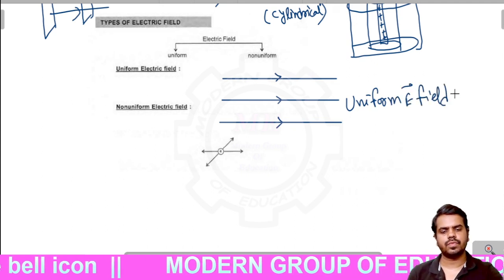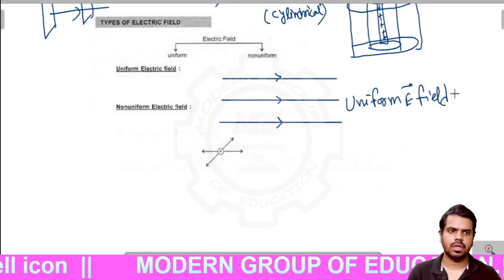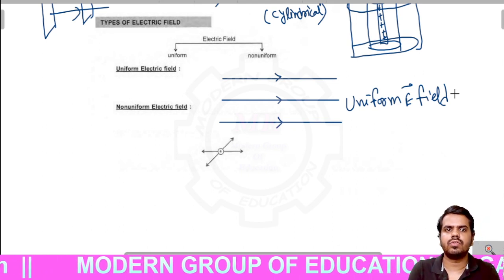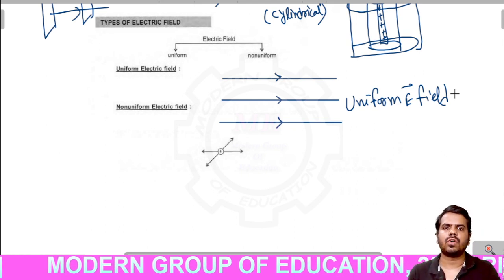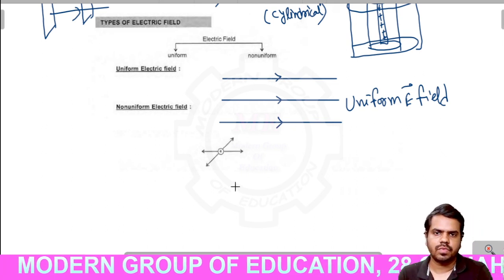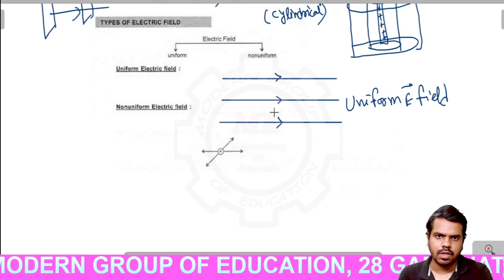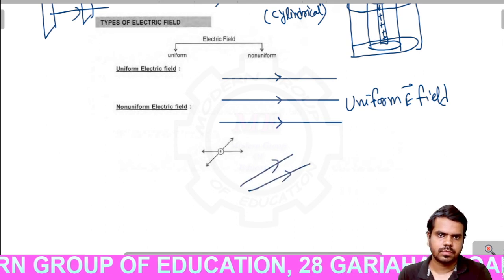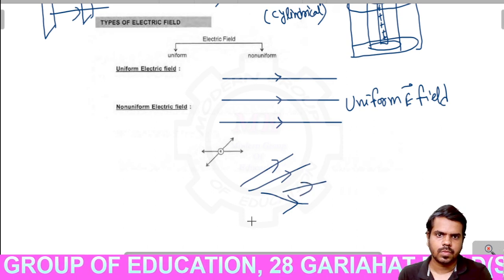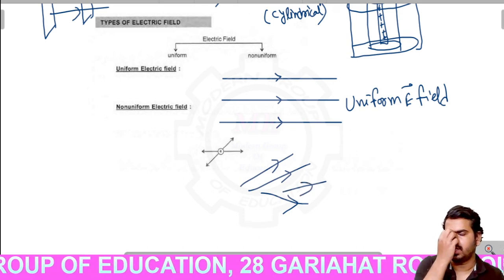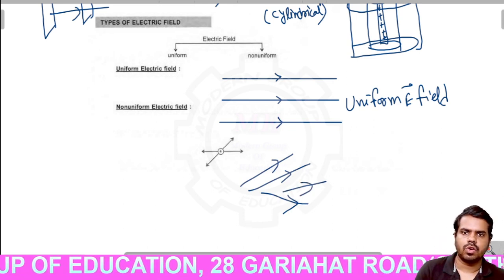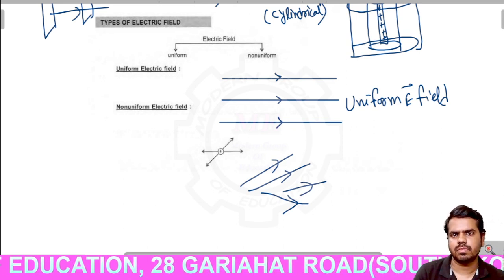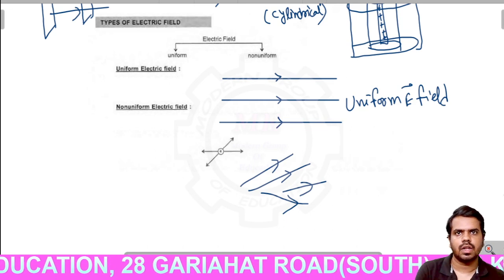All the formulas we will use in the next topics are valid for uniform electric field, but for a non-uniform electric field, the directions of the field lines are not equal. These are the non-uniform electric field lines. There are very few concepts about non-uniform electric field. We will learn about it later.